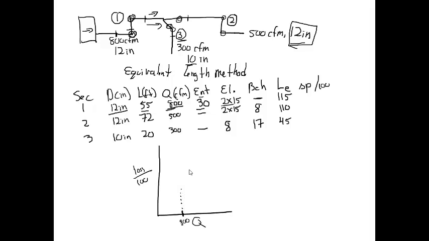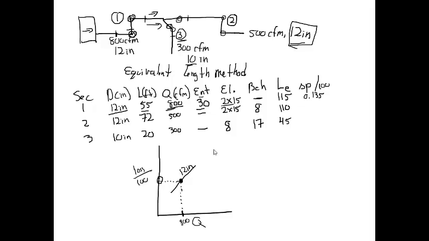You go up the chart until you intersect 12-inch duct. All right, so go ahead and try to find 12-inch duct. Once you find an intersecting point, go over and find the loss. You should see in this case a loss of 0.135 inches of water per 100 feet of duct length.